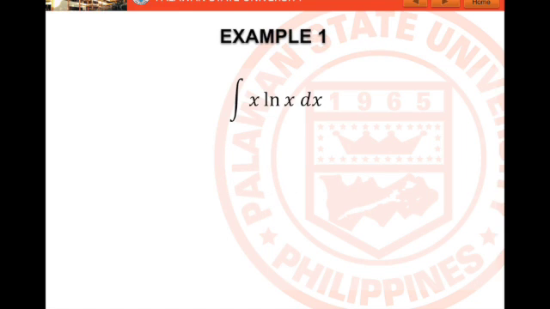an example. Let's have the integral x ln x dx.